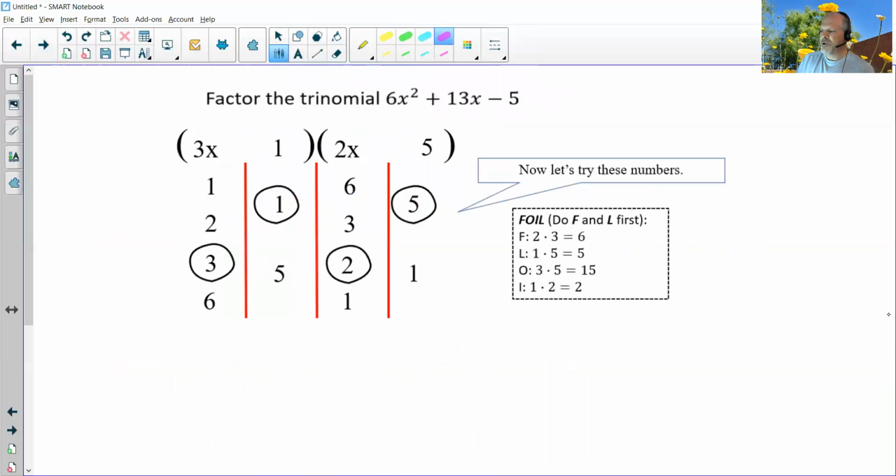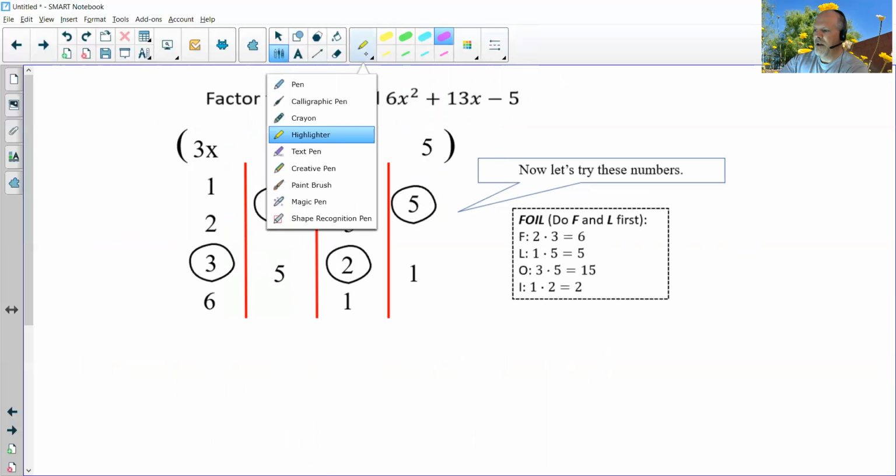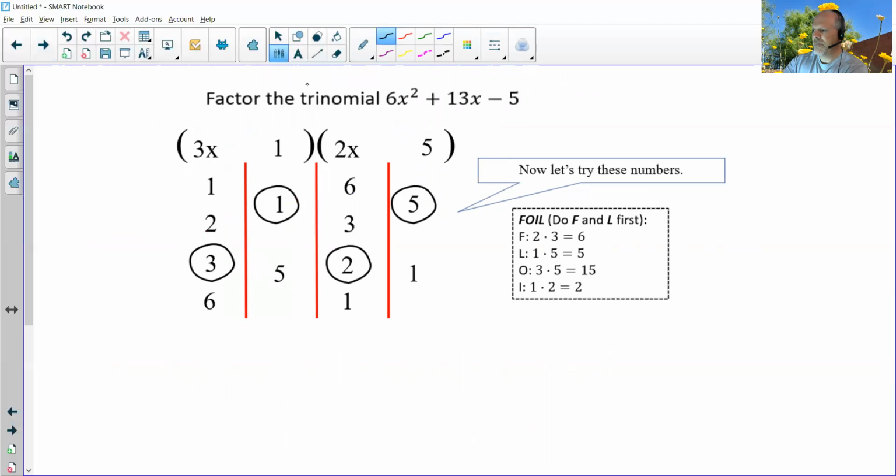So instead, let's try these numbers. So let's get our signs together and see if this works. If I do outside times outside, that gives me 15. If I do inside times inside, 1 times 2 gives me 2.